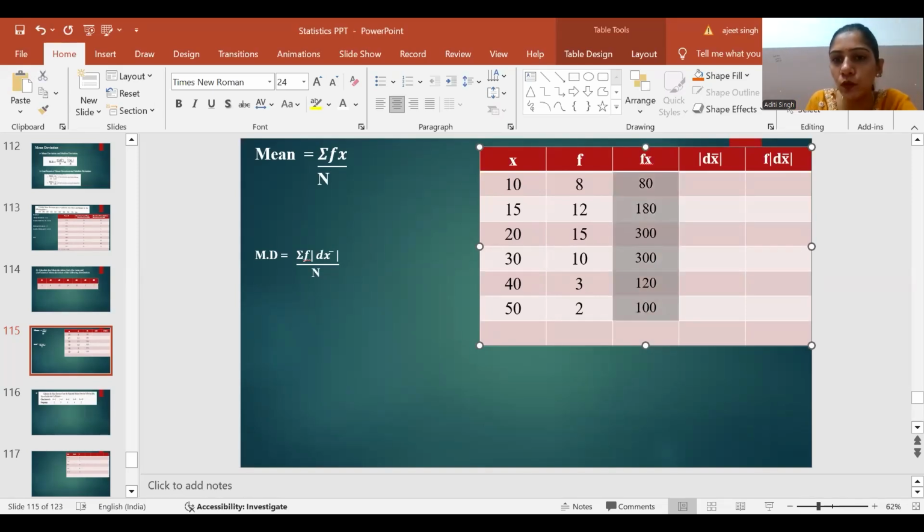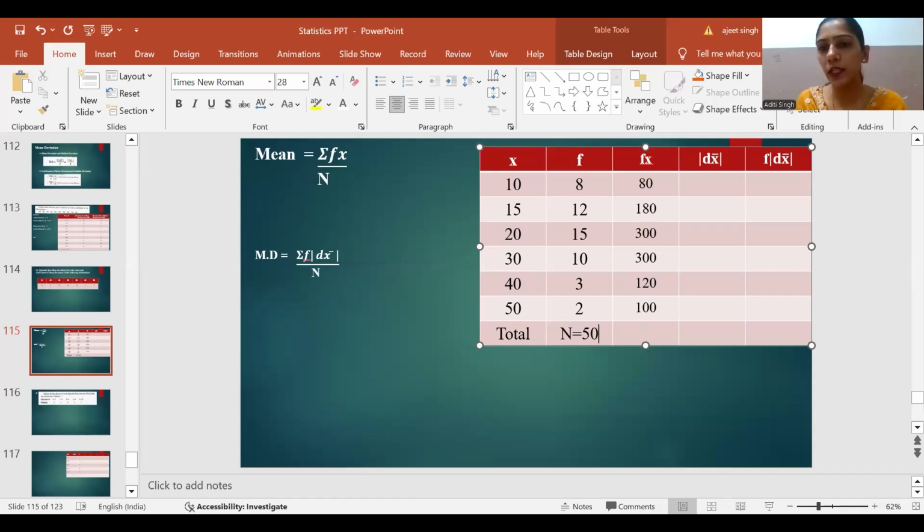Now what we have to do? We have to take the sum of fx. First of all, we have to calculate the value of n, which is the sum of frequency: 8 plus 12 plus 15 plus 10 plus 3 plus 2, which is 50.